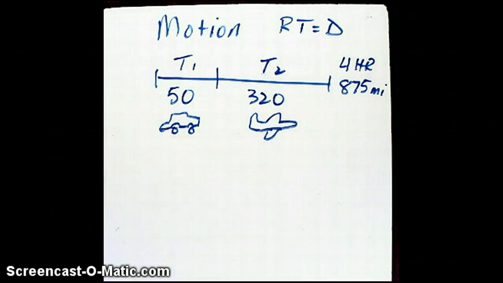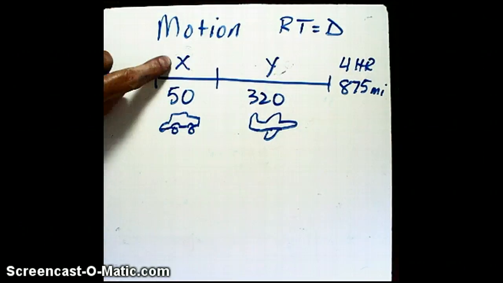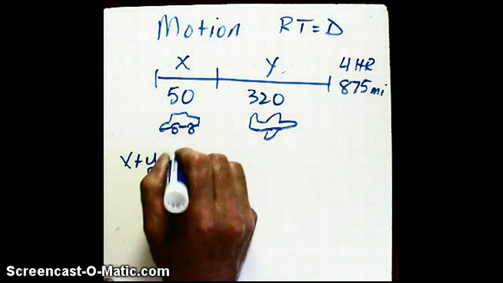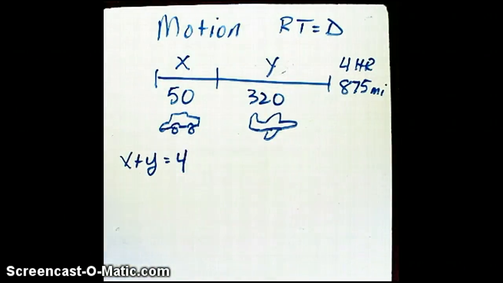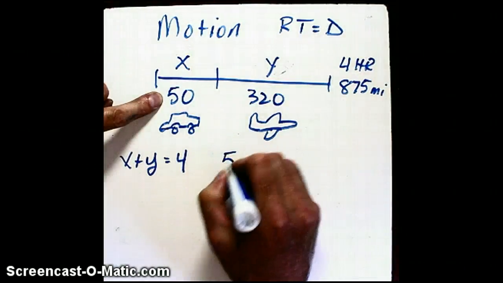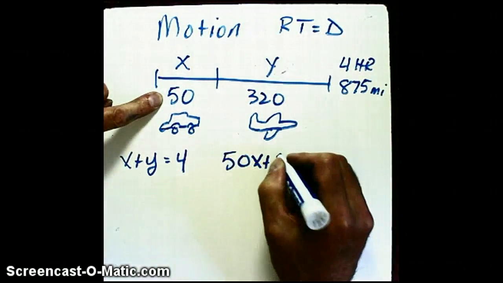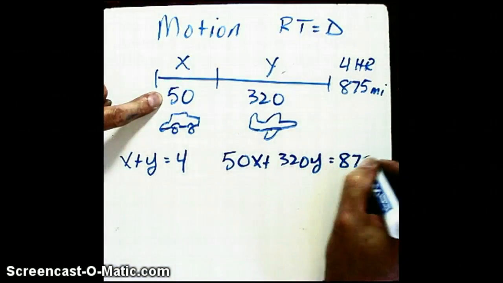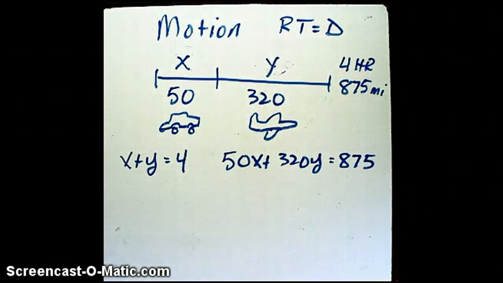Now, okay, I'm calling the car time x and the plane time y. So x plus y is 4. Now, what would be the distance? Well, it's the rate times the time. So 50x plus 320y is going to be equal to 875.